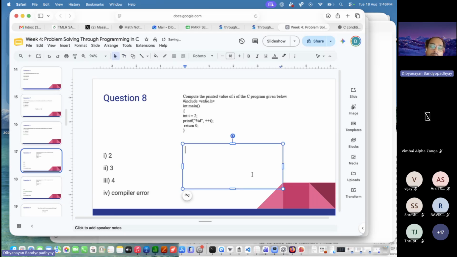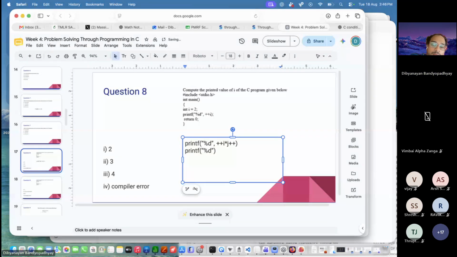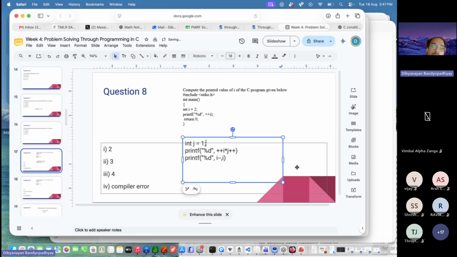So instead of, let's say, printf... okay, so this is the question, let's suppose.